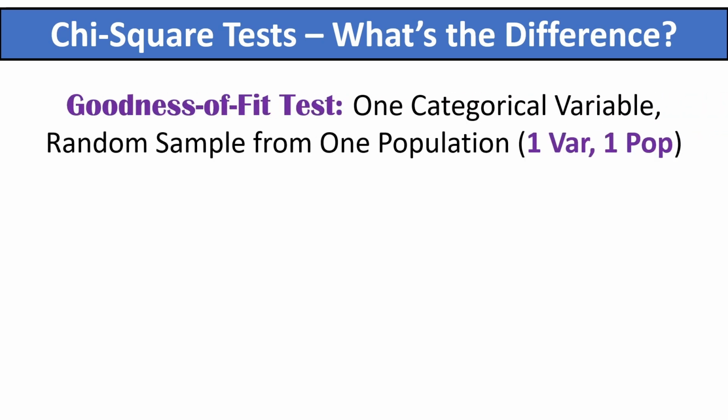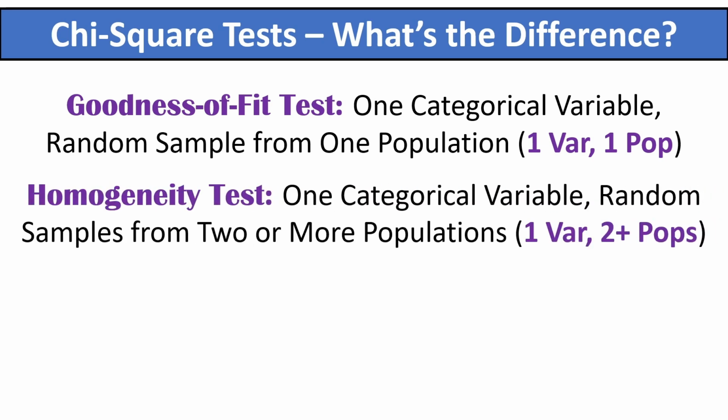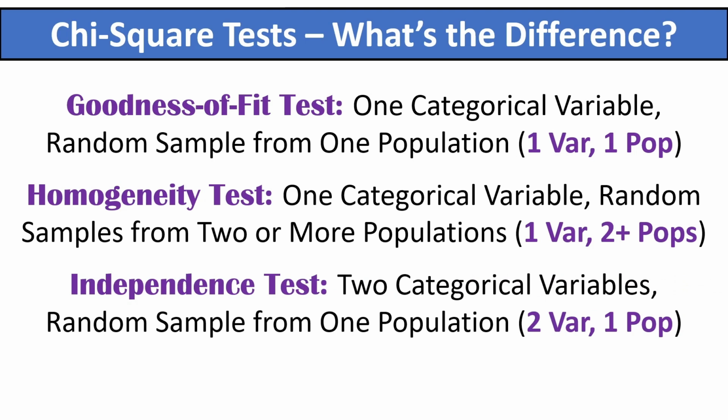For a goodness of fit test, you have one categorical variable and a sample drawn from one population. For a homogeneity test, you have one categorical variable and a sample drawn from 2 or more populations. And for the independence test, it's 2 categorical variables and a sample drawn from one population.